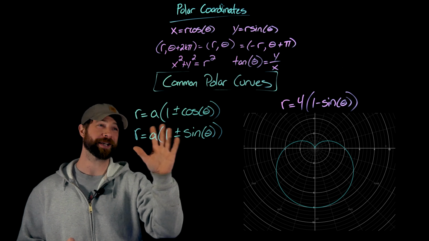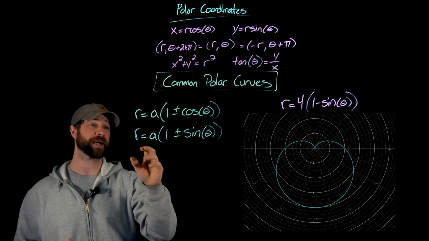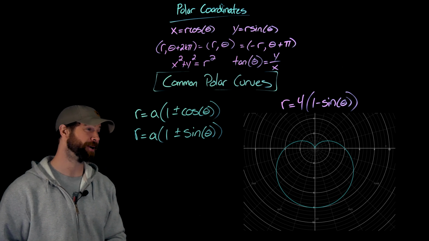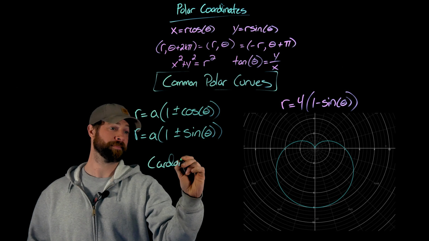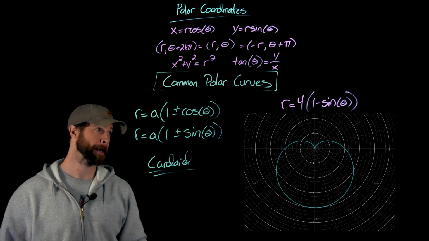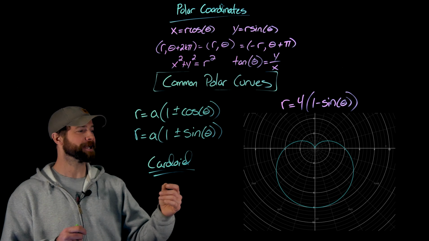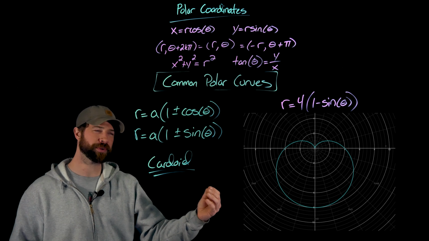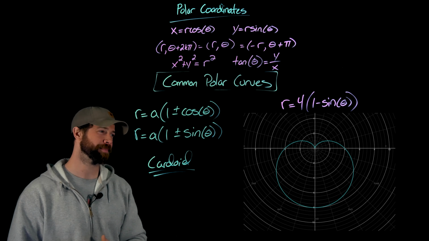So then we have polar equations of this type right here, where we have a times 1 plus or minus the cosine, or a times 1 plus or minus the sine. In this example, you can see right here, this figure is called a cardioid. To me, it's kind of interesting to look at this and think, if I have a 4 right here, why, when I'm at 3π/2, does that output a radius of 8, and why does it have that shape?